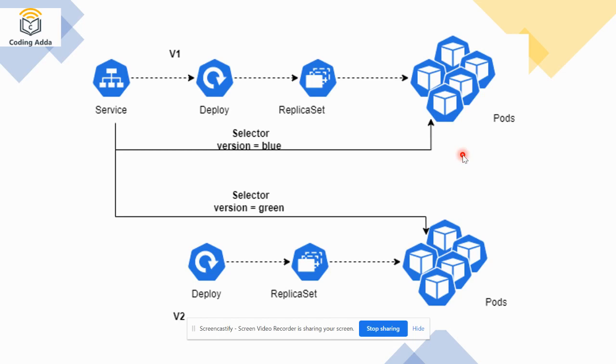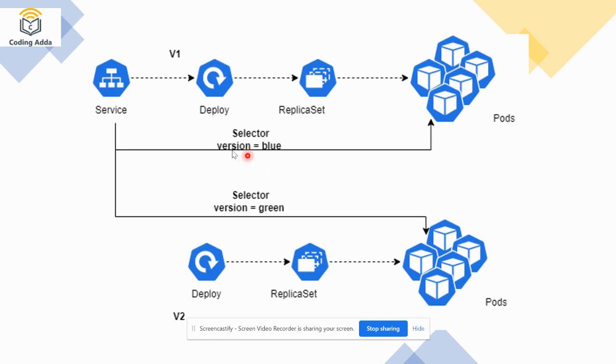Whenever you want to deploy your application onto a production system, you need to be sure that whatever you are deploying should not affect your application, right? And you need to be sure of that.